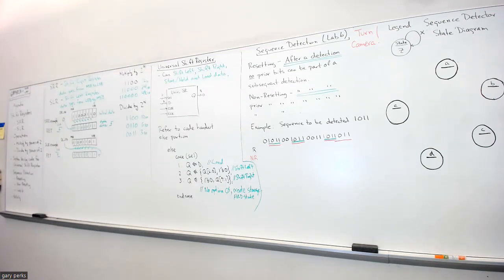When you do your final project, which I'll talk about next week in more detail, one of the things you're required to turn in is a state diagram. You want to make sure that state diagram has a legend, because if it doesn't have a legend, I can't read it.